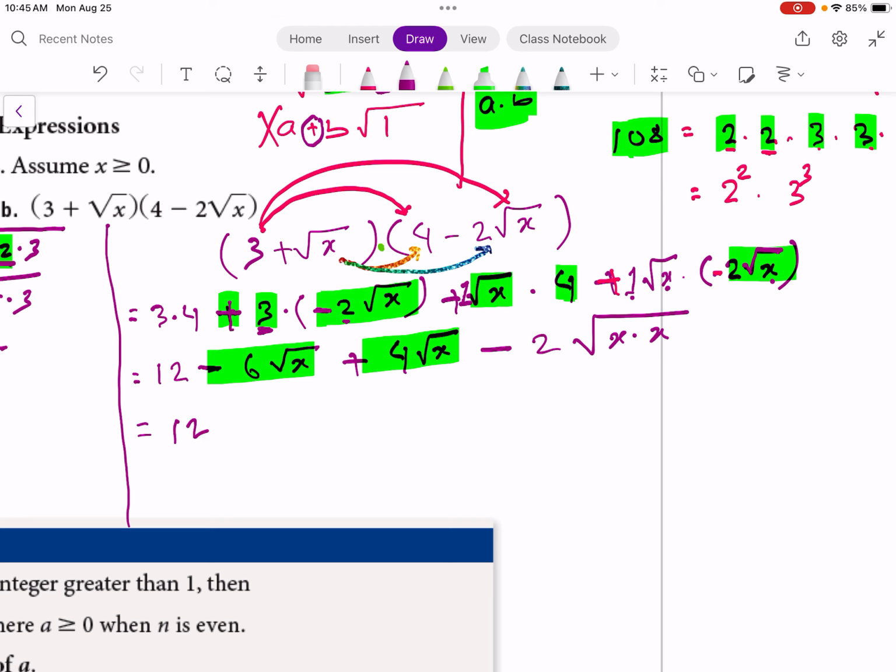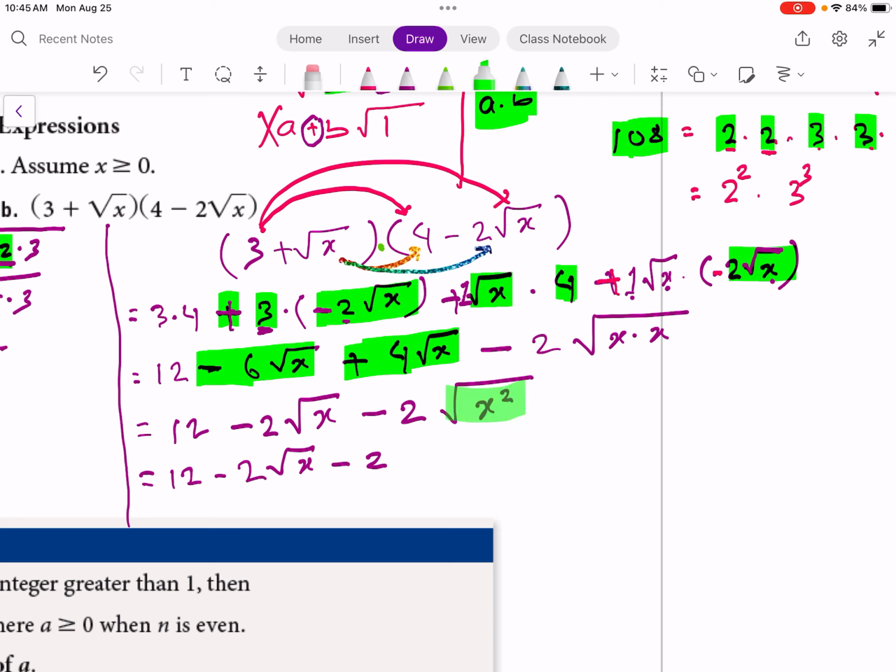So we have negative 6 plus 4, and what is that? Negative 2 square root of x. So we can rewrite x times x as x squared. So we have 12 minus 2 square root of x, negative 2. Now, how do we simplify this expression?